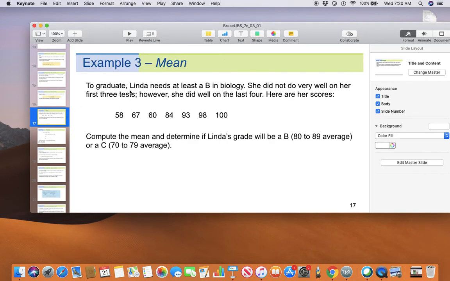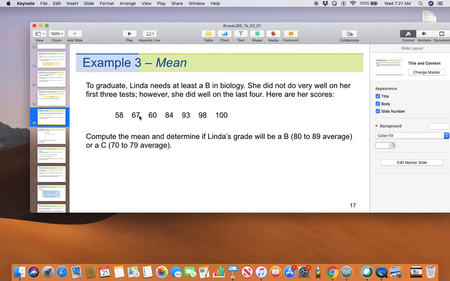So, to graduate, Linda needs at least a B in biology. She did not do very well on her first three tests. However, she did well in the last four. Here are her scores. Compute the mean and determine if Linda's grade will be a B. What is a B? 80 to 89 average. Or a C, 70 to 79.